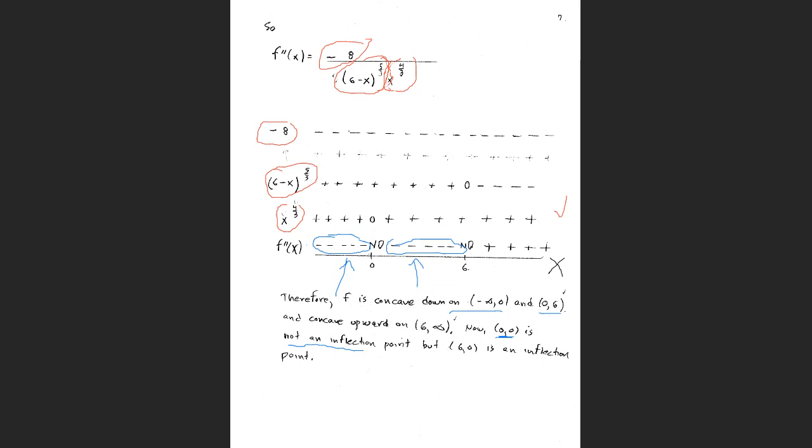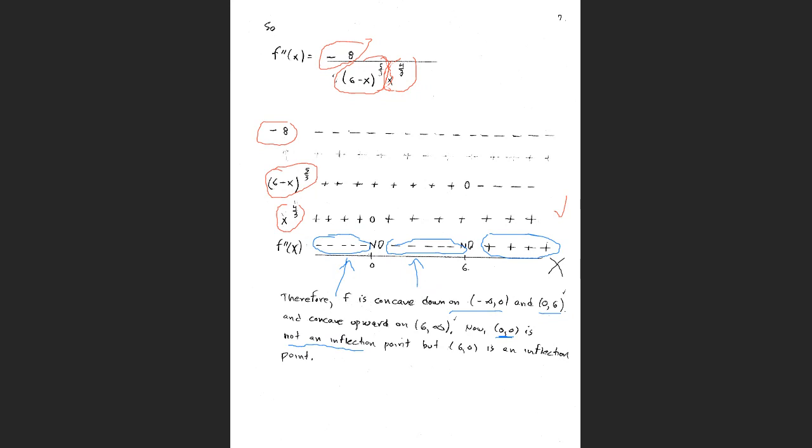The function is concave down on -∞ to 0, and then it is concave down on 0 to 6. However, at x equals 6, the function changes concavity. What I mean is the second derivative changes from negative to positive.